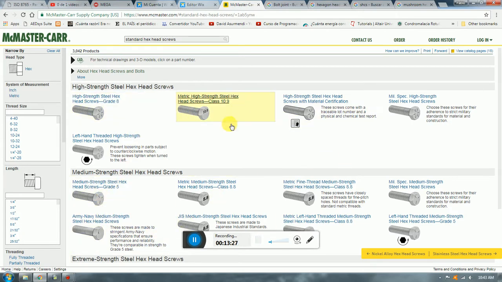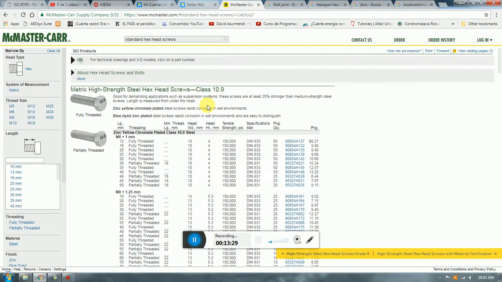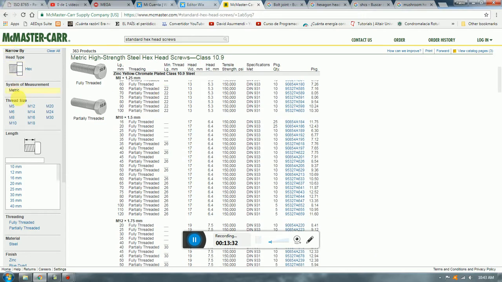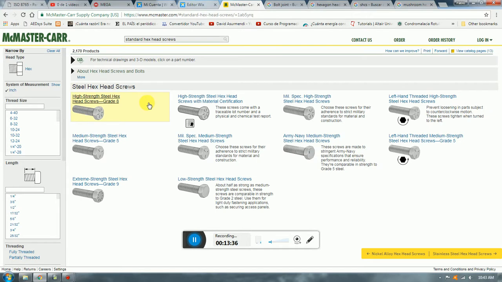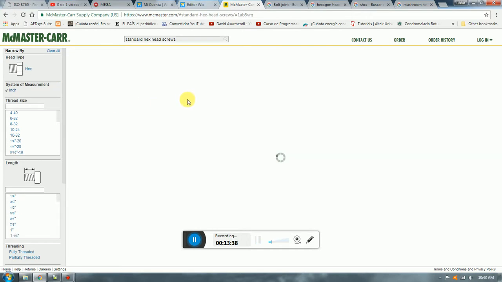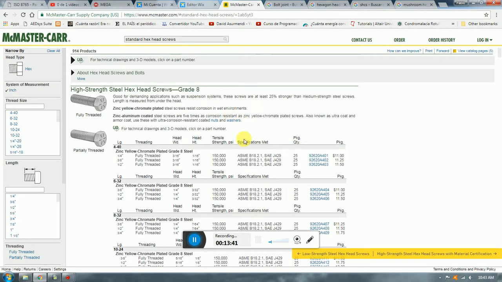You're going to see they start having, I'm going to go with the inch one. In this case, you're going to get a specific type of standard, with an SAE, okay.